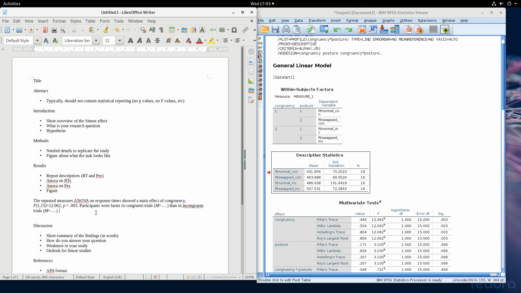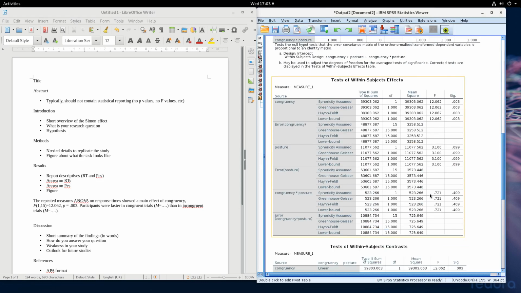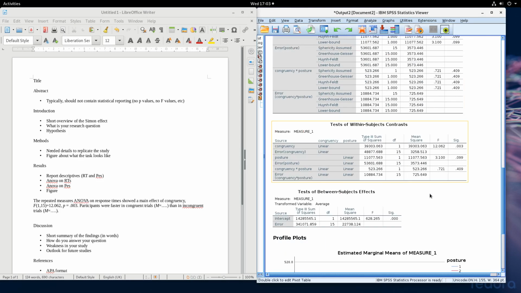Then you would do the same for the other main effect, for swapped versus normal. Now let's see what we had in this case. We didn't have a significant effect here actually, 0.09.